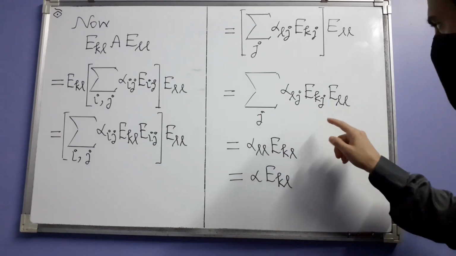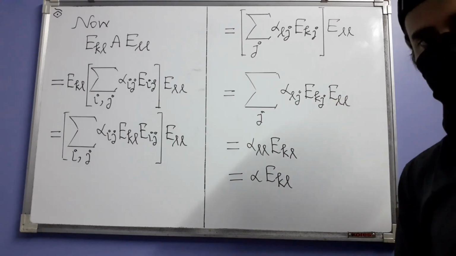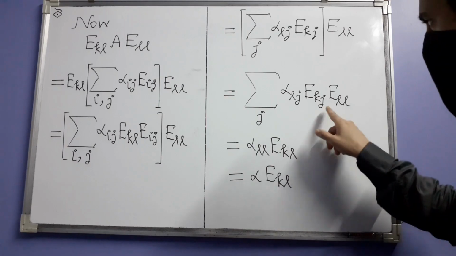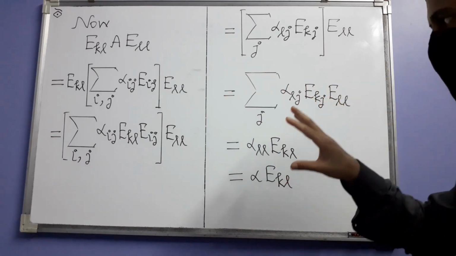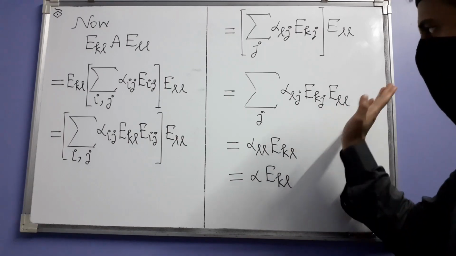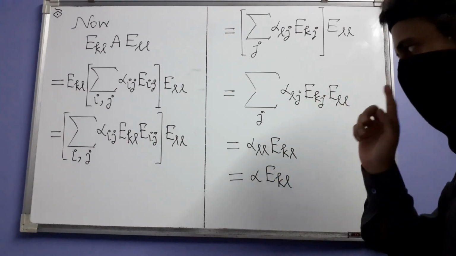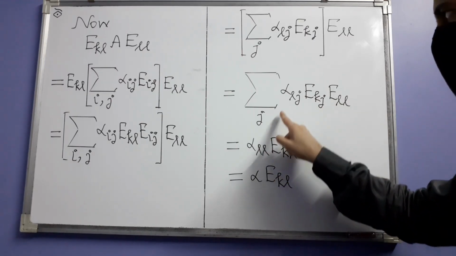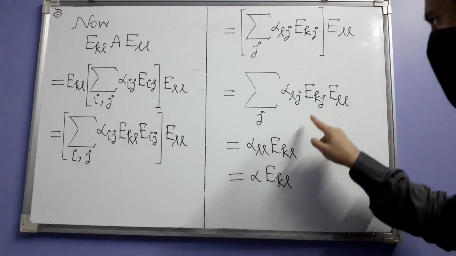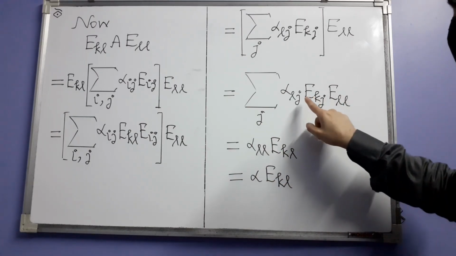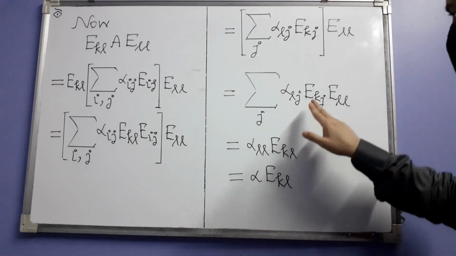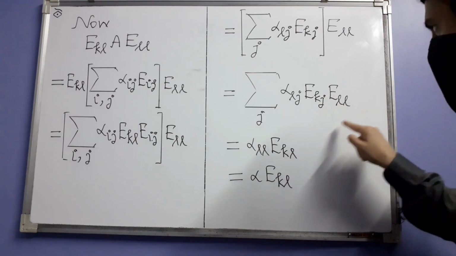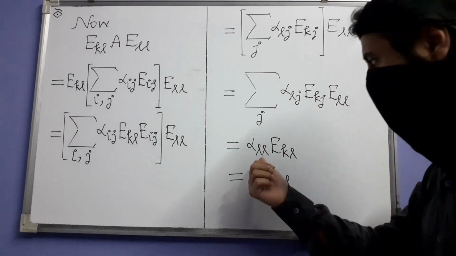This product will be 0 if J is different from L, but will be non-zero only for that one J value which is equal to L. And accordingly, in this linear combination almost everything vanishes except one term which corresponds to J equal to L. So I put J equal to L here, alpha Lj becomes alpha LL, and what will happen to this? Now this looks like EKL ELL, and that will be equal to EKL, the outer indices. But what was this alpha LL?